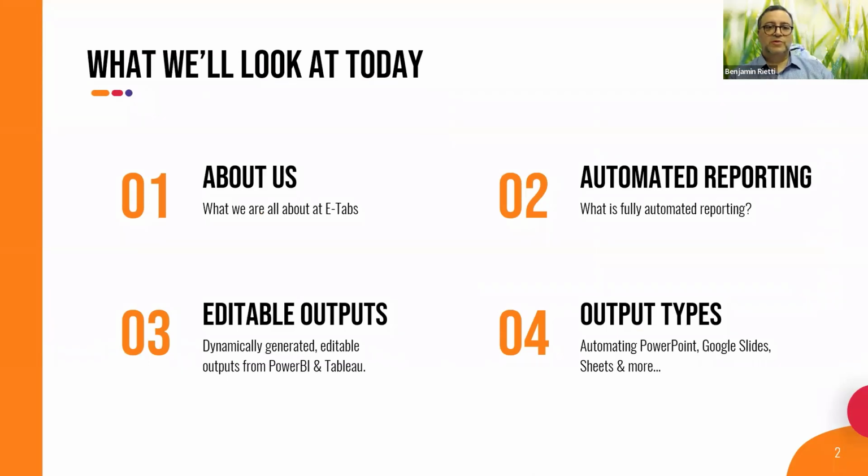So automated reporting isn't just good for your static reports, but it's also good for interconnecting with dashboards like PowerBI and Tableau in order to obtain great editable outputs from those platforms that you may already be using. We're going to look at the types of projects that can be automated. It's not just Office nowadays, we can automate Google as well. So let's delve right in.